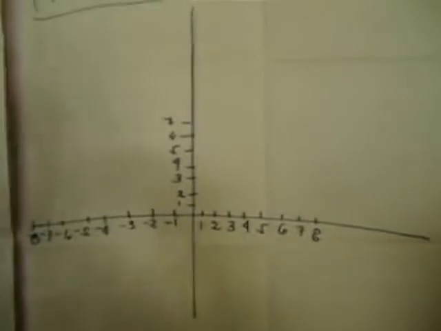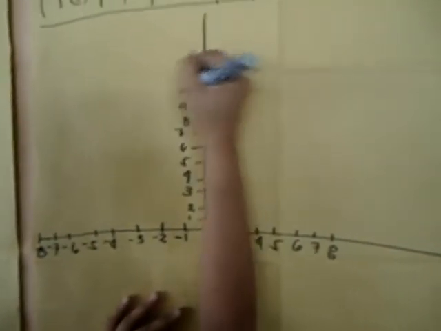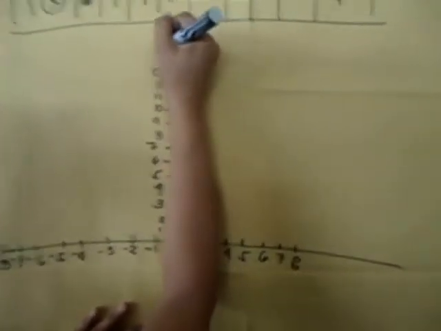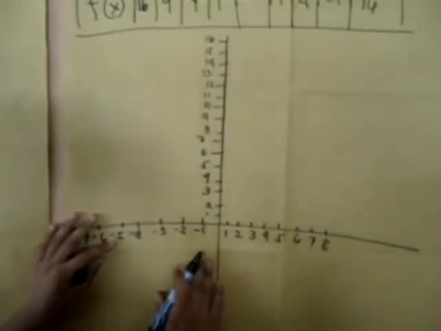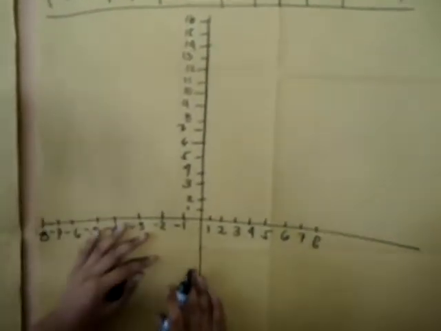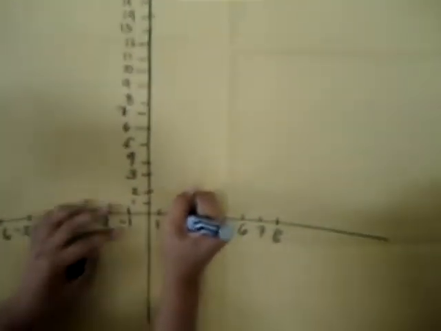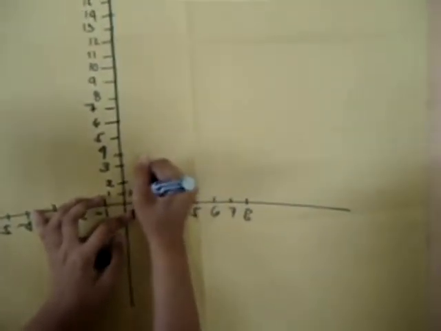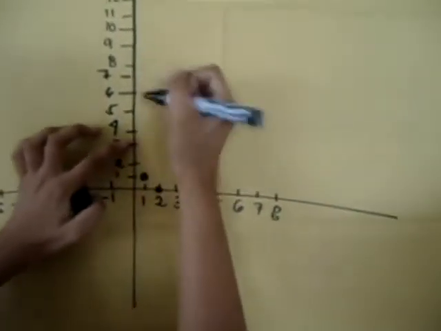Now, let us graph it. Let us graph 2 and 0. Next, 1, +1. Now, 0 and 4.